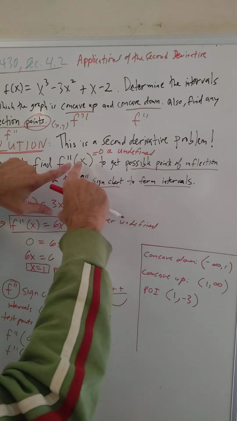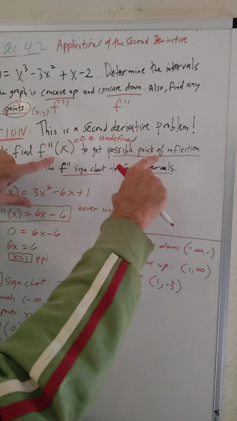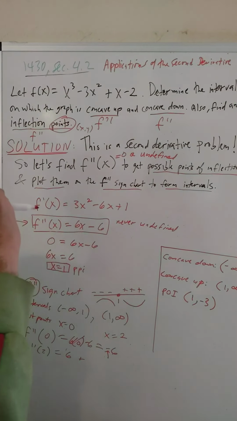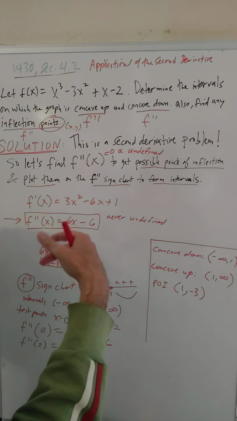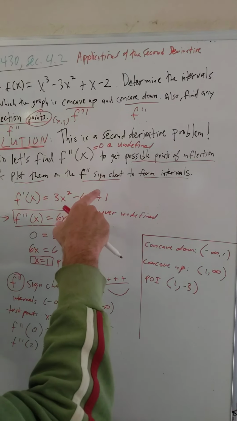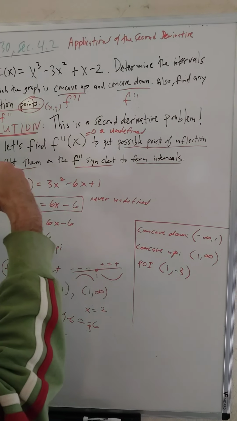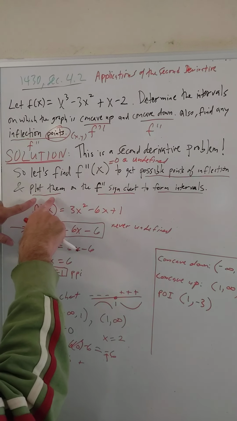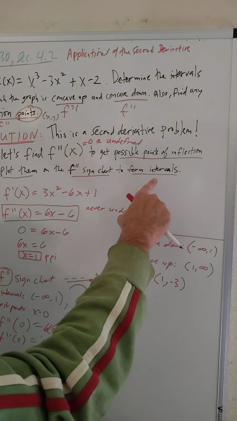And remember, your critical numbers and also your possible points of inflection, make sure they're in the domain of the original function. If they're not in the domain, then you must strike them out. They're not going to be your critical points or possible points of inflection. Okay, so once you get your critical numbers by setting the first derivative equal to 0 for intervals of increase, decrease, then you would plot them on the f prime sign chart to form intervals.